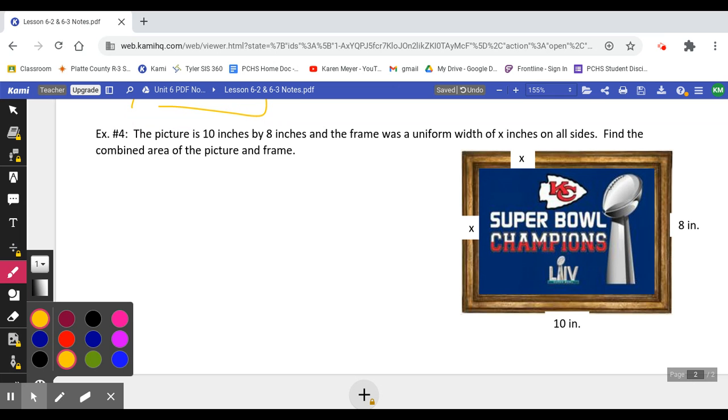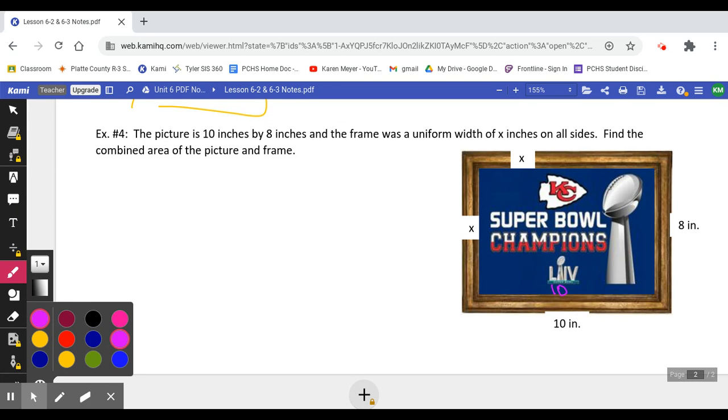Okay, example number 4. We have a picture frame, and inside the picture frame, we've got some dimensions going on. It says the picture is 10 by 8, and the frame is x inches. I know the markings on the picture can make this look deceiving, but remember, we're talking about the inside. When I have 10 down here, that's just the inside part.